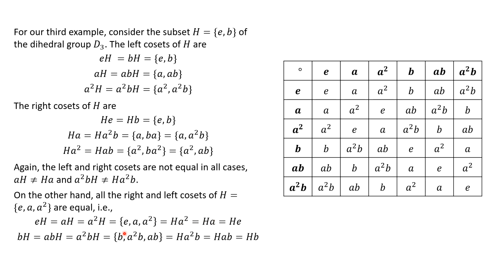You have only two cosets, and the left cosets, H, AH, and A squared H, equal {E, A, A squared}, the identity, A and A squared, and that equals the right cosets, H times A squared, H times A, and H times E. So they're equal here, and then you get another coset, BH, ABH, and A squared BH. Whether you multiply on the left or the right, you get this set here. Okay, so sometimes left and right cosets are equal, and sometimes they're not.